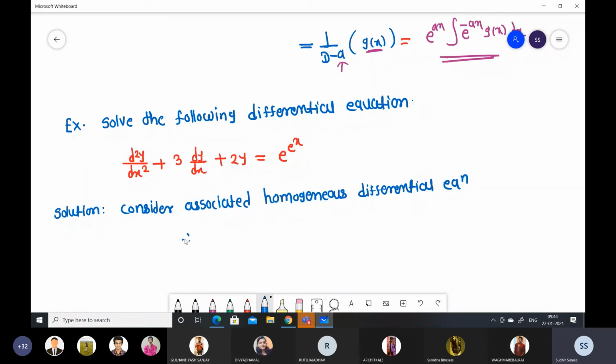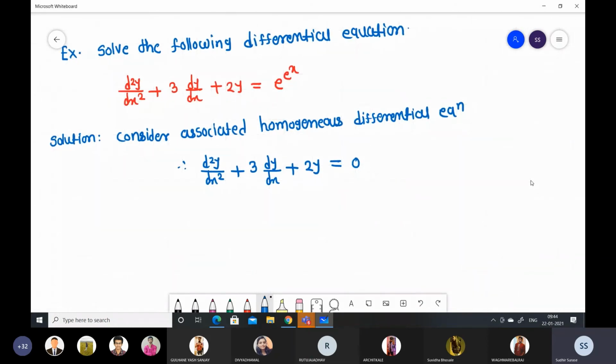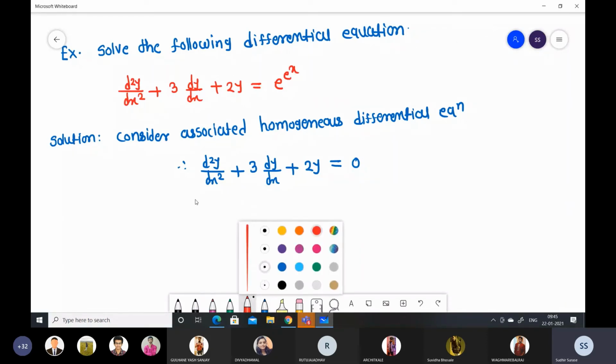So therefore it is d2y by dx square plus 3 times dy by dx plus 2 times y is equal to 0. Okay, and once we get the associated homogeneous differential equation, meaning right hand side 0, the process is straightforward. Consider the auxiliary equation, find out roots, and according to the nature of the roots you have to write the solution.